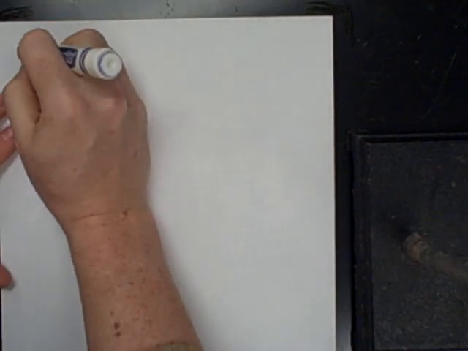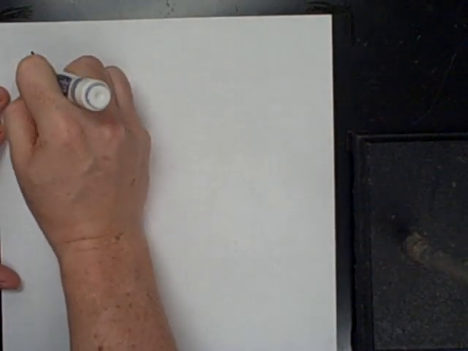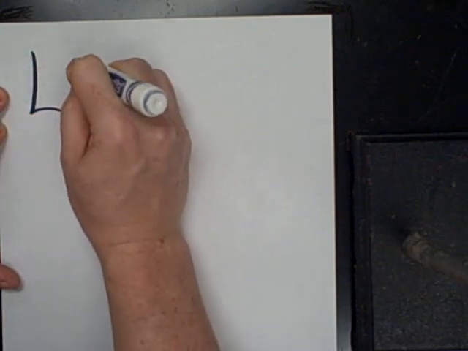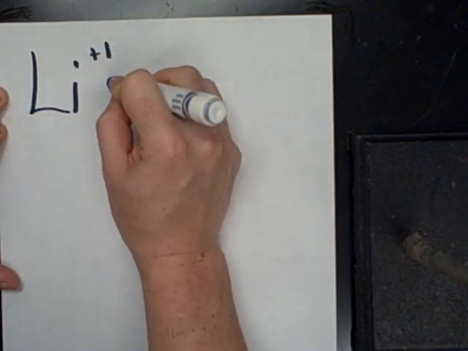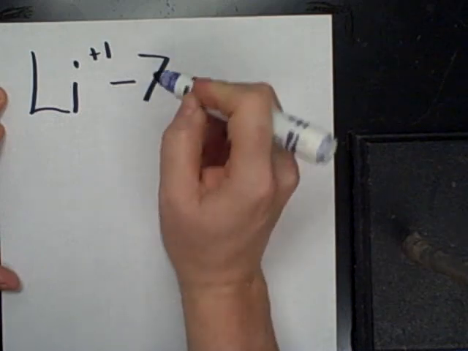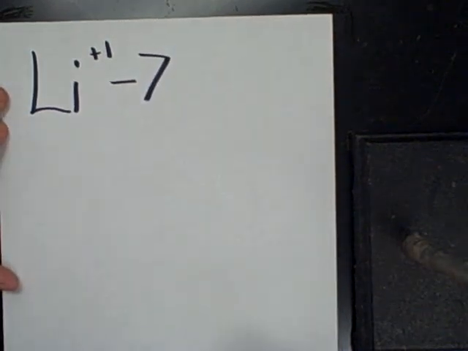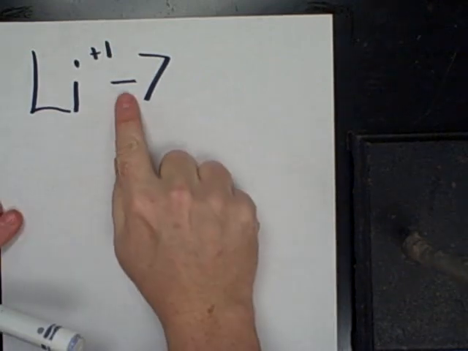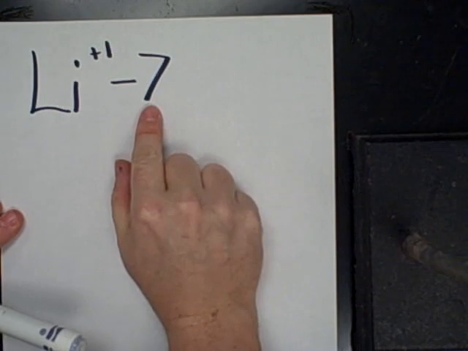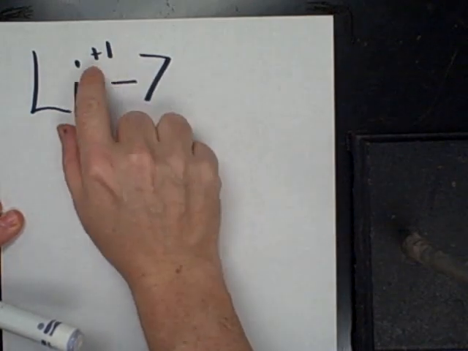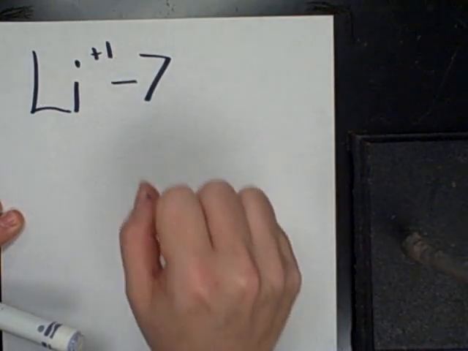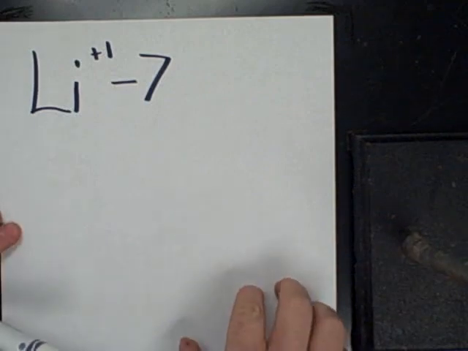For our last example, we'll do lithium +1-7. So here, we do not have nuclear notation. After the dash, they're giving us the mass number. And then the +1 at the top is our ion charge.